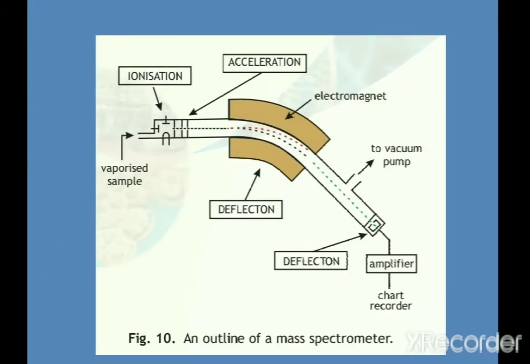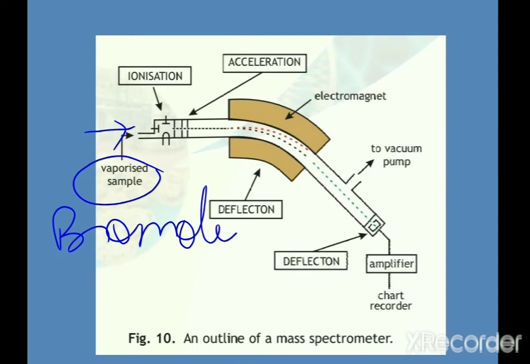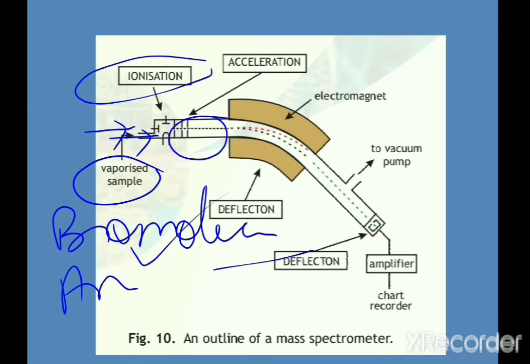Let's take a quick recap of how these components work together. Through this inlet, we pass on our biomolecules whose quantitative estimation has to be done. When these biomolecules enter the ionization source, the ionization source, with the help of energy, converts these biomolecules, these analytes, into molecular ions.